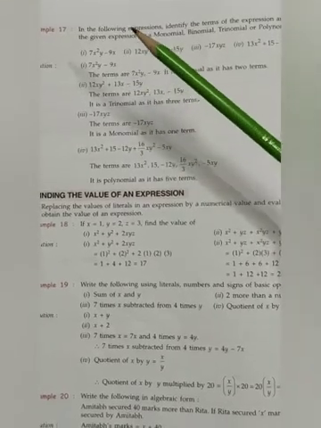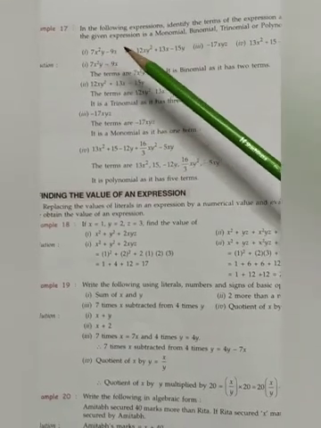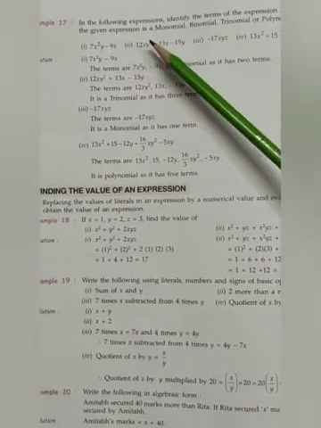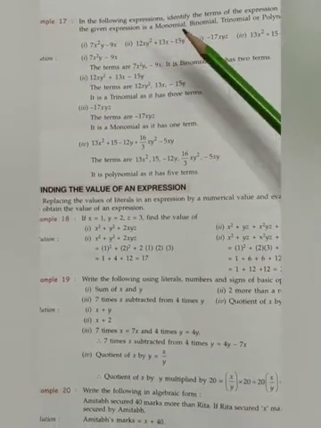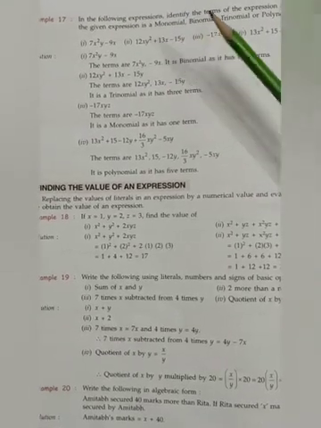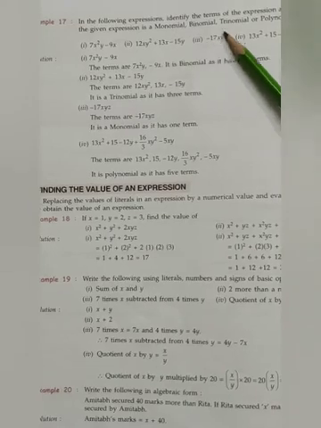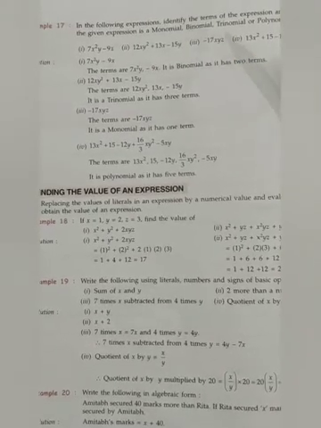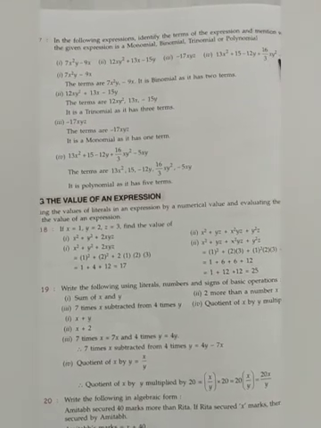Here 1 and 2, two terms are there, so binomial. Here 1, 2, 3, three terms are there, so trinomial. Then here only one term is given, so monomial. Then here 1, 2, 3, 4, 5, so this is known as polynomial. One and more terms are there.